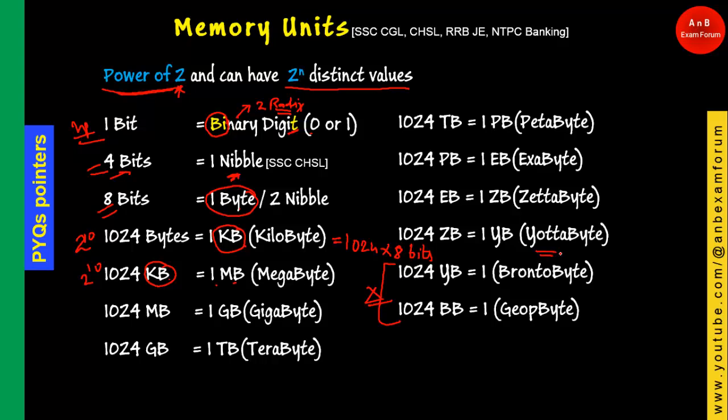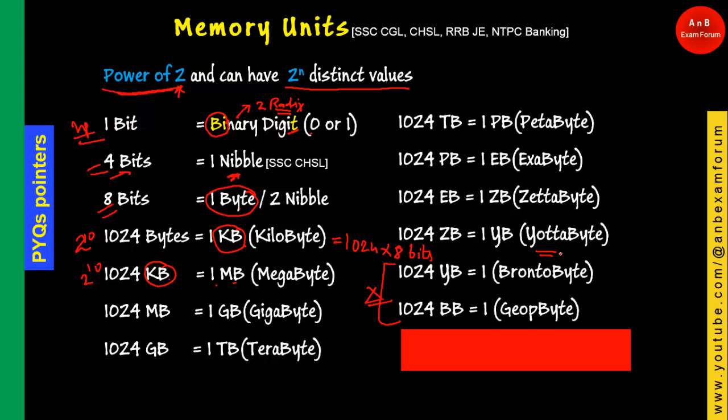There is one trick you can remember: KMGT PEZY. Kilo, mega, giga, then tera, peta, exa, zetta and yotta. Kilo, mega, giga, tera, peta, exa, zetta, yotta.